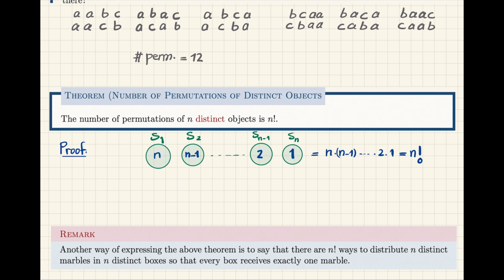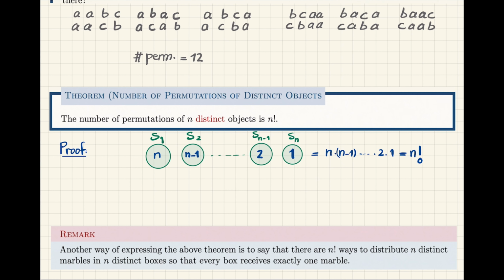Another way of expressing the above theorem is to say that there are n factorial ways to distribute n distinct marbles in n distinct boxes so that every box receives exactly 1 marble.